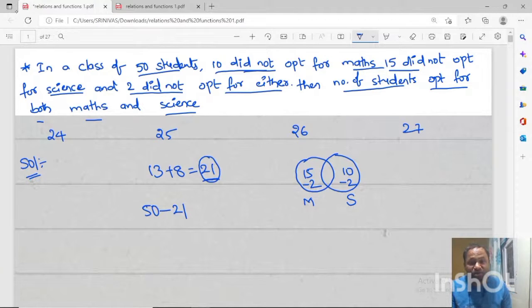And here one more is there, 2 also included. So that plus 2 is nothing but 23 will be there. So 50 minus 23, how much? 27. Okay, so the answer will be 27. 27 will be the correct answer. Okay, na?